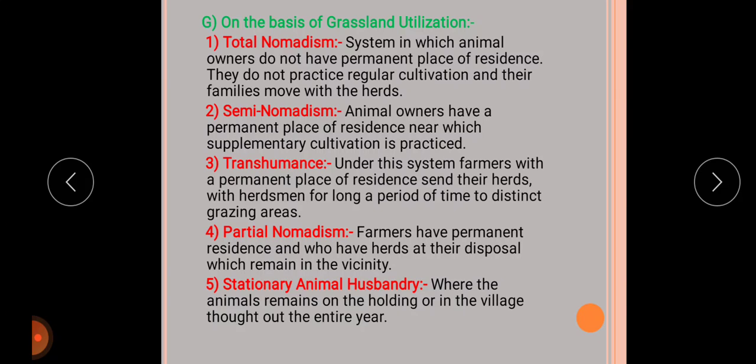The fifth is stationary animal husbandry, where the animals remain on the holding or in the village throughout the entire year.